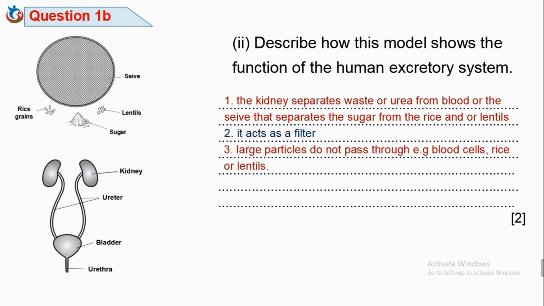Number 3. Large particles do not pass through. For example, the blood cells, the rice, or the lentils, just as blood cells don't pass through the kidney. Number 4. Small particles do pass through, e.g. urea, just as sugar in the model experiment. So any 2 of these responses will give you your 2 marks.